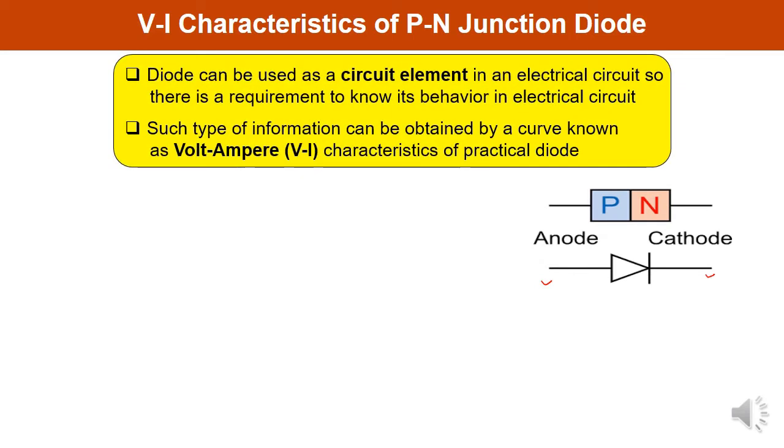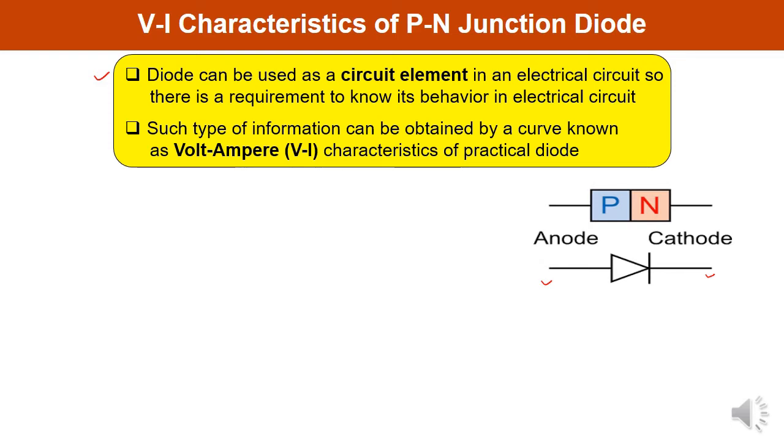And diode can be used as a circuit element in an electrical circuit, so there is a requirement to know its behavior, how it actually behaves whenever it is connected in any electrical circuit. This type of behavior information can be obtained if you draw a VI characteristic.